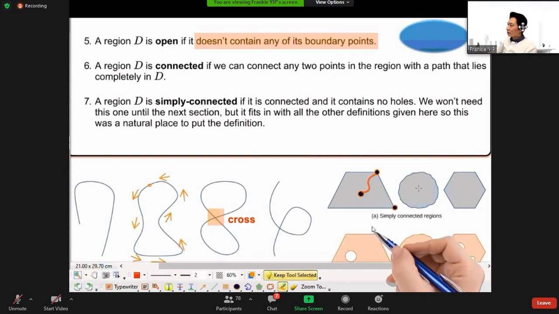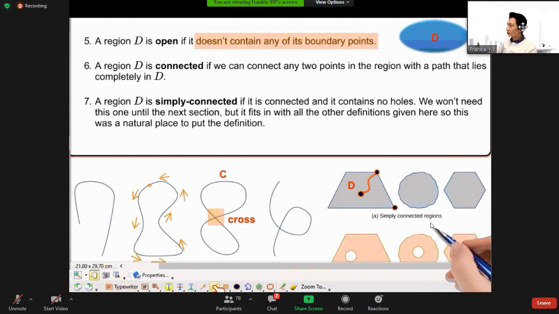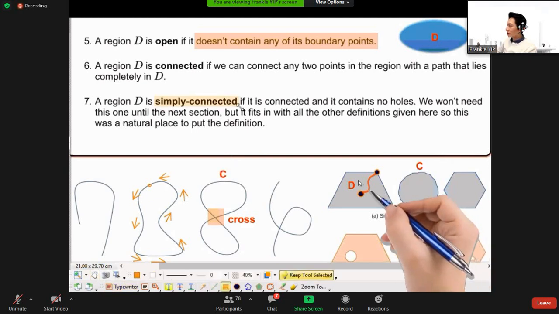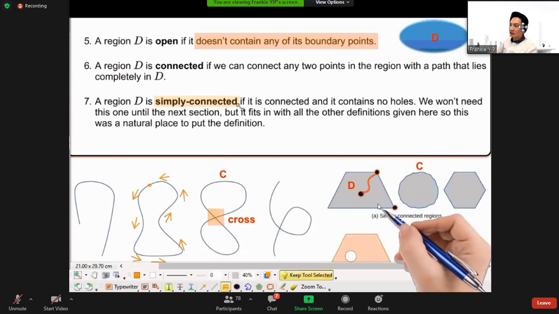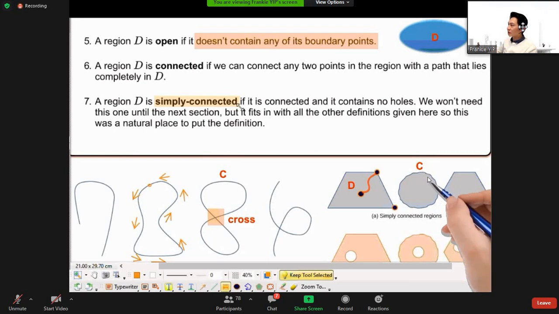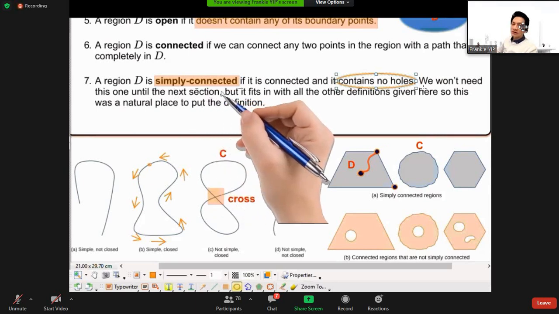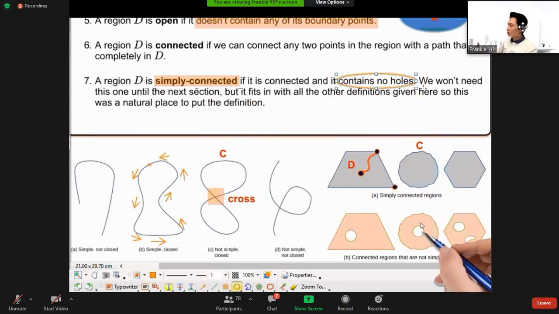However, now I would like to let you know what is meant by simply connected region or connected region. For example, the gray area is the region D, and the curve over here is the curve C. Region D we call simply connected. That means we don't have any holes in between.